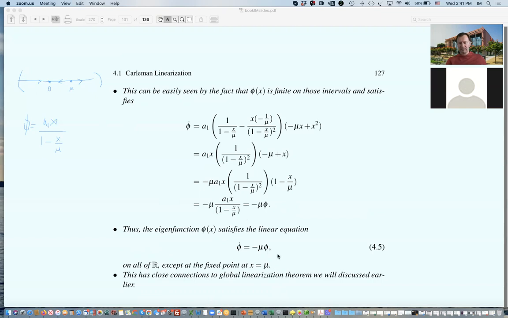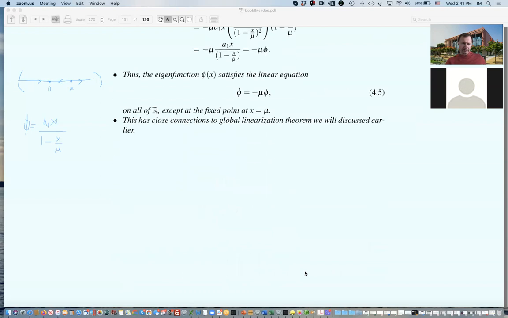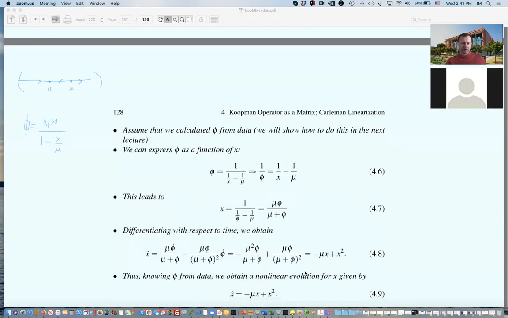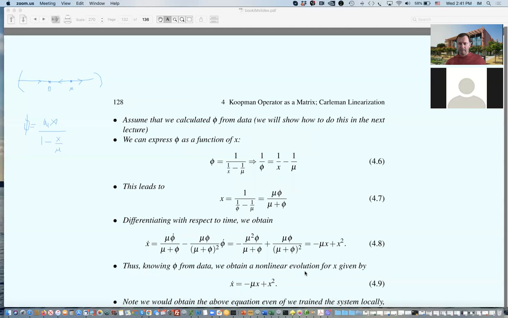But this analysis gave me something global, because this has two fixed points. One of them has a basin of attraction, the other one has a basin of repulsion, right? So backward time attraction. Of course, the fact that we found an eigenfunction in this basin goes back to the global linearization theorem we have discussed earlier, but it gets a little more interesting. So suppose that you had no knowledge of what your dynamics actually was.